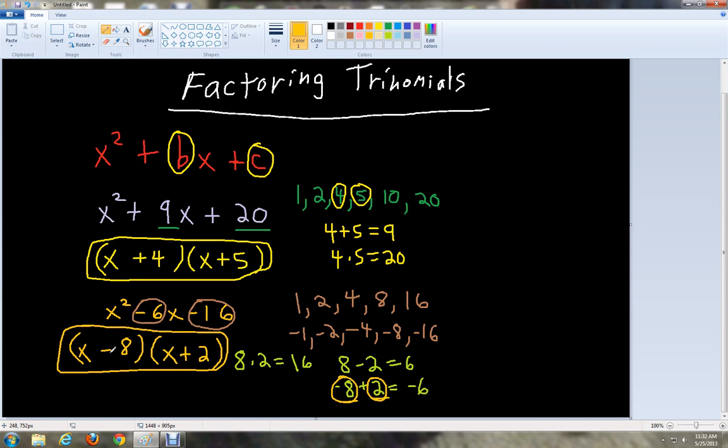A good thing to do when you're first learning how to factor trinomials in this form, and of course in the other form that we'll talk about, is to always go through your FOIL. If you remember the FOIL check, that was first, outside, inside, and last, and then combine all like terms to simplify, and then see if you get the original trinomial you started with.